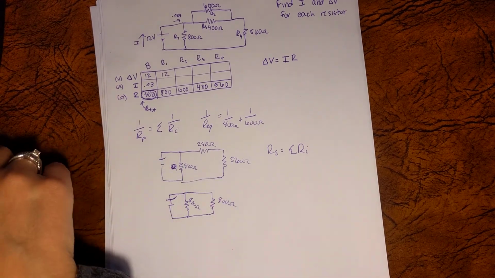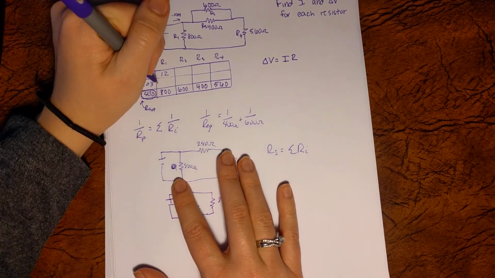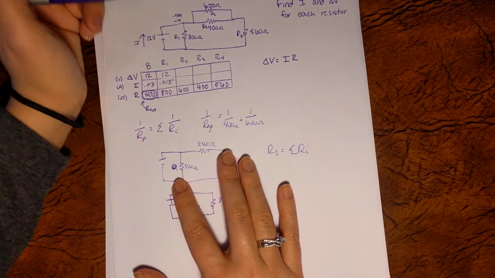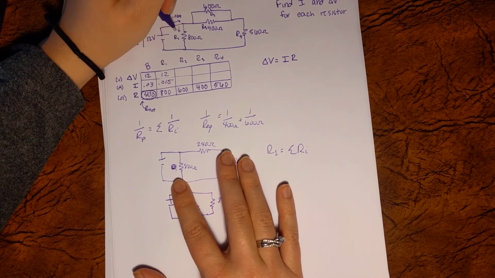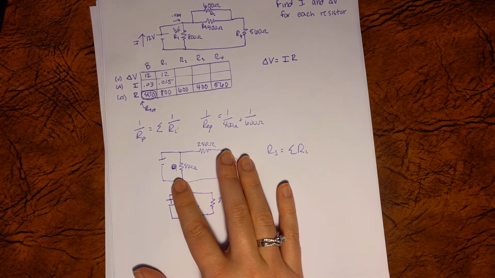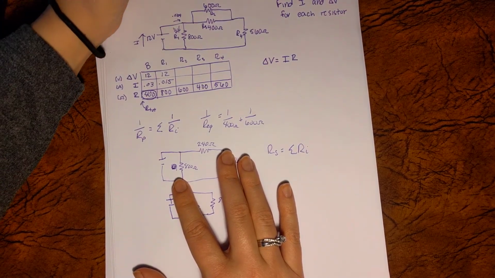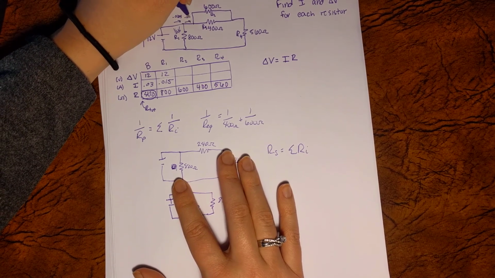Therefore the current is going to be 12 over 800, giving us 0.015 amps. That's very nice. Downwards here is 0.015, which is just half of 0.03. So that means coming out of this junction here has to also be 0.015 amps.